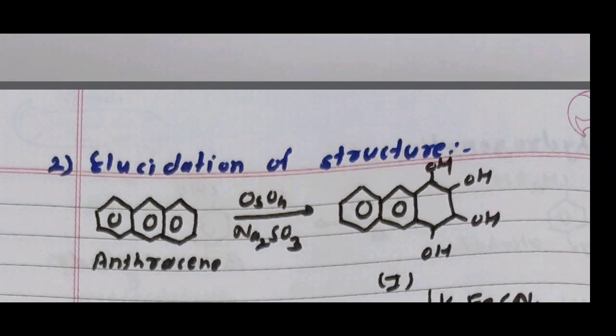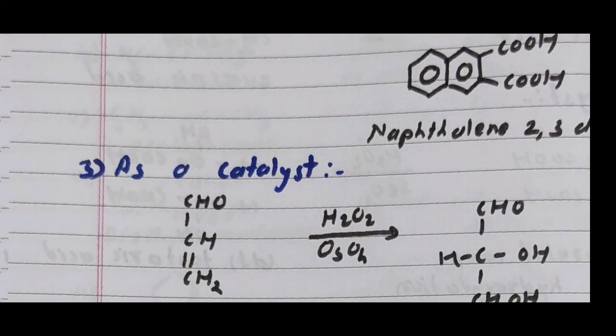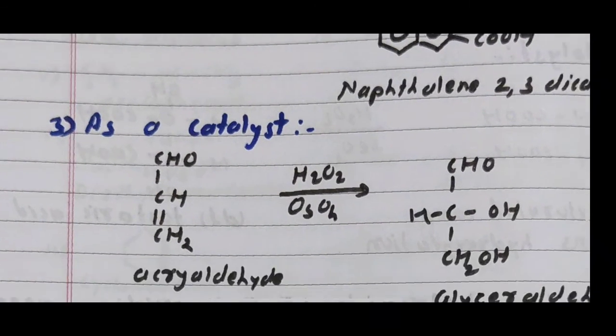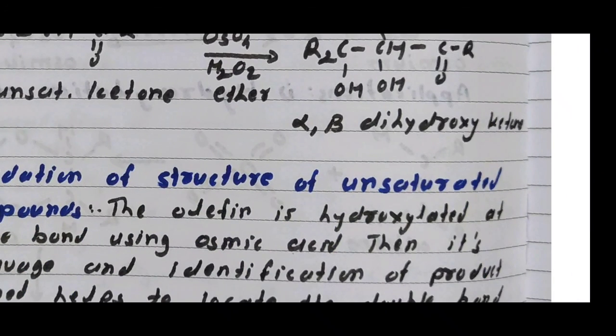Second is the elucidation of structure. Third is OsO4 used as a catalyst, and fourth is the elucidation of structure of unsaturated compounds. It means for cis hydroxylation we use the reagent OsO4, and for trans hydroxylation we use the reagent SeO2.